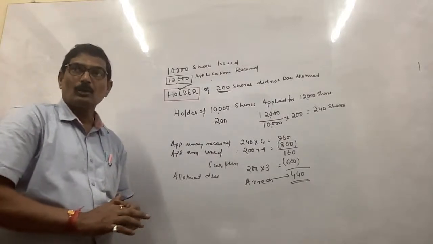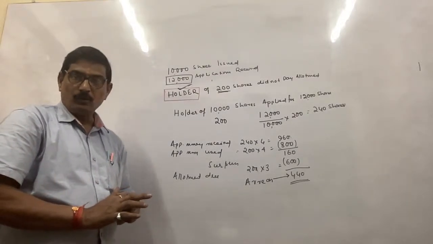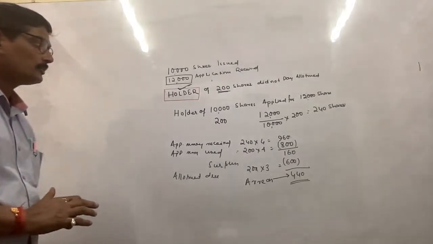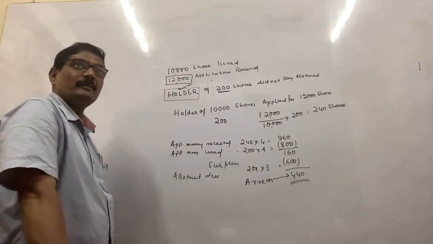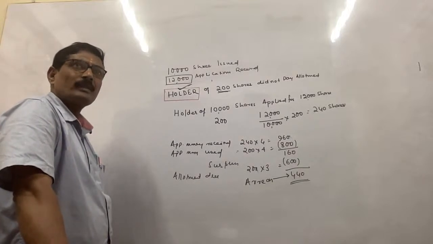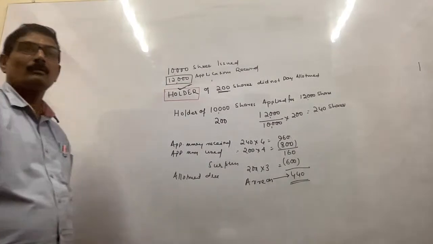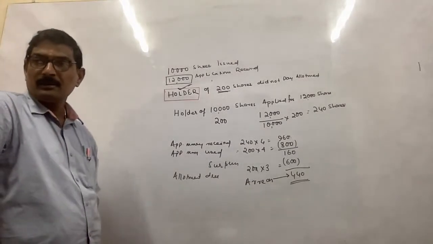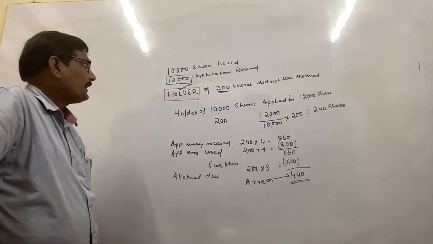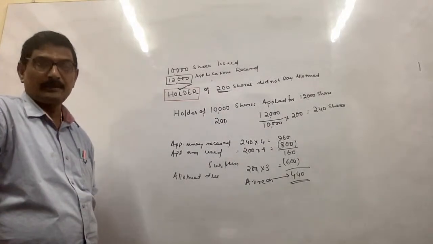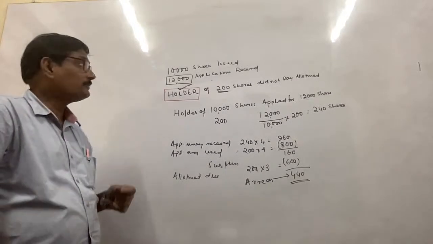Next, for share allotment due, share allotment account debited to share capital, 10,000 into 3, 30,000.